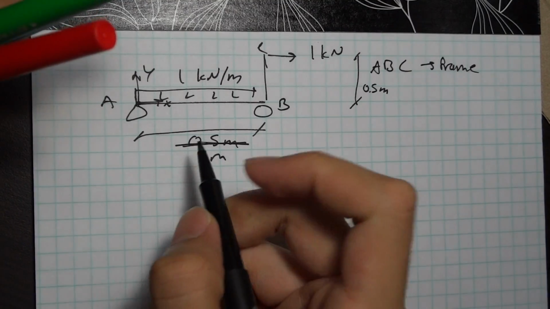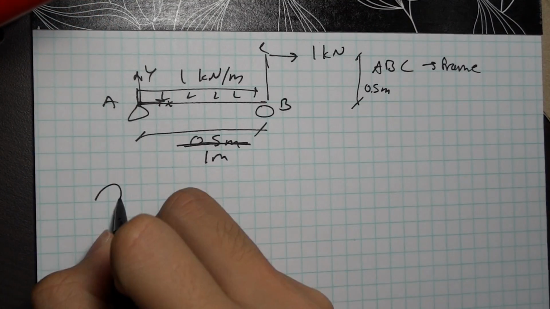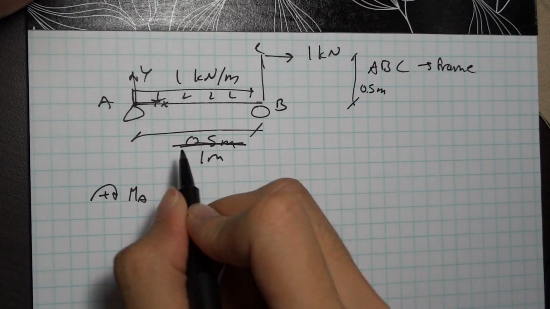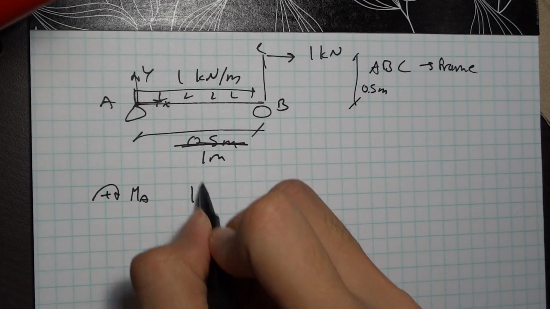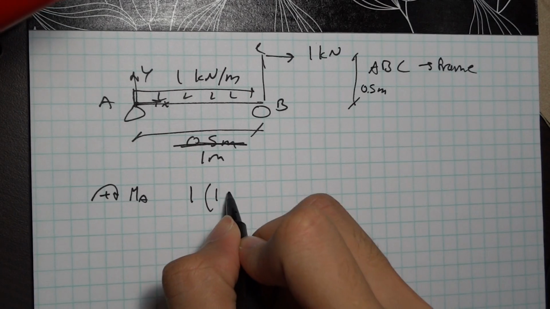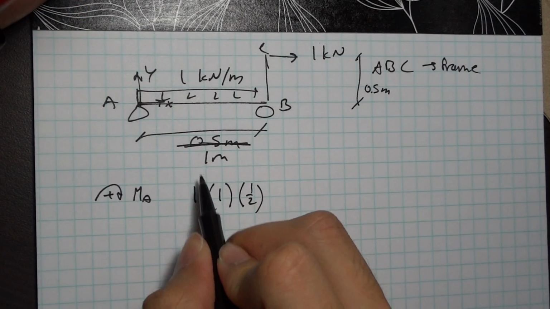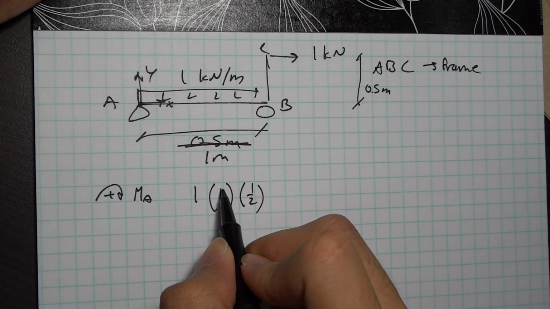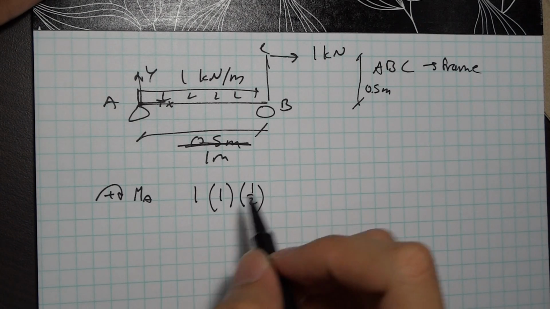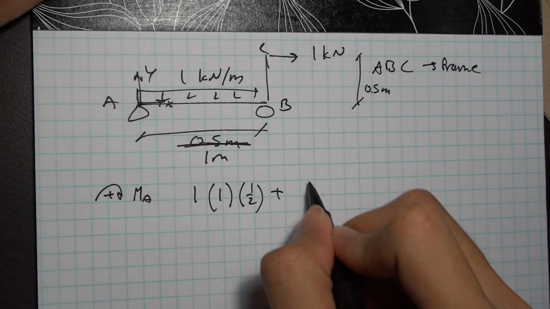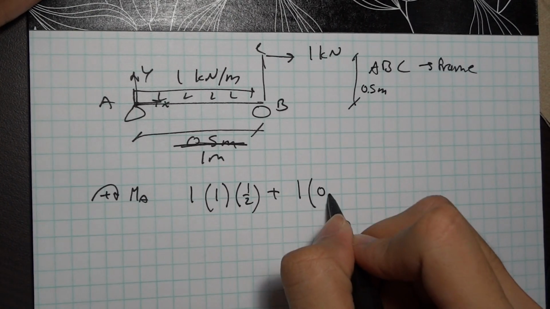Here, to find your reactions, let's start with sum of moments about A, using clockwise positive. So we have 1 kilonewton times 1 meter times 1/2 meter. So this is omega times length times distance, plus 1 times 0.5.